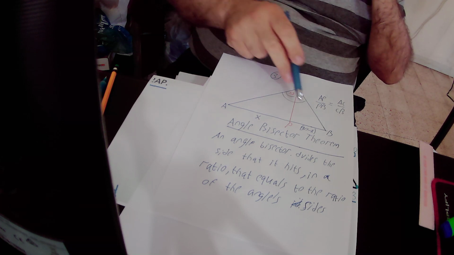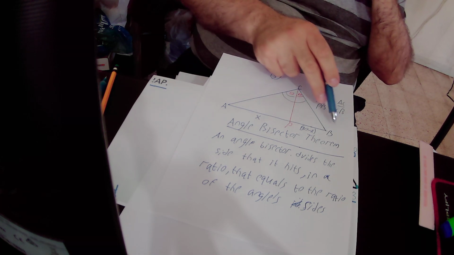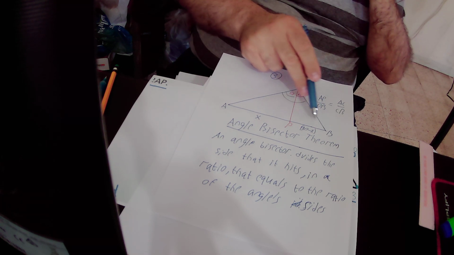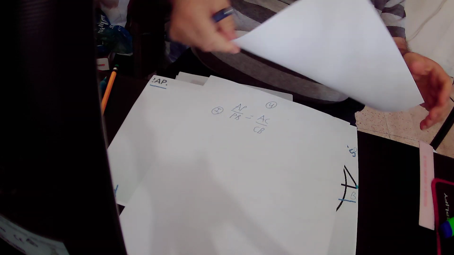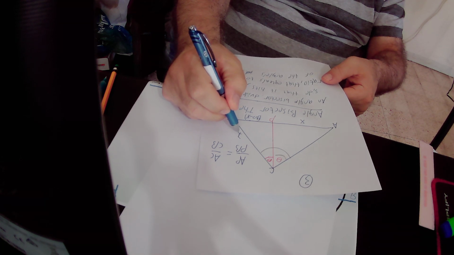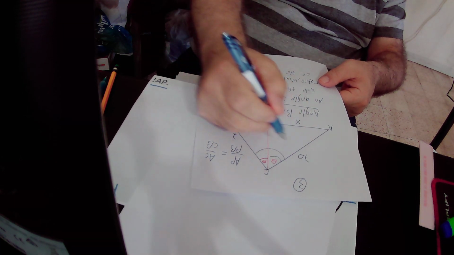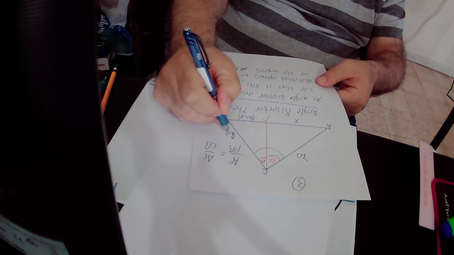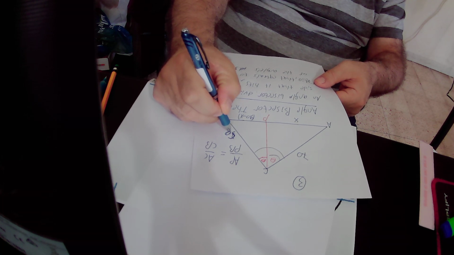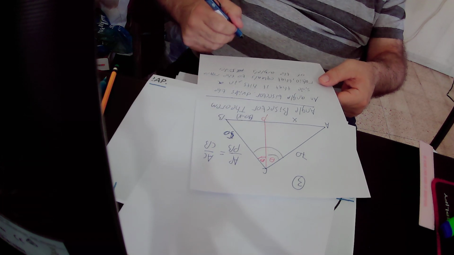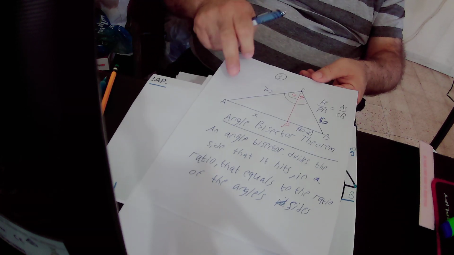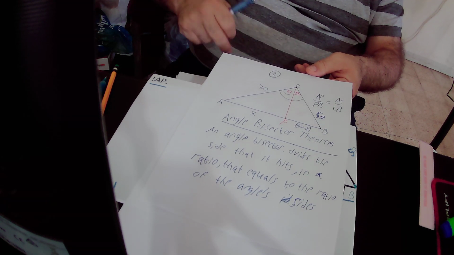So PB equals 90 minus X, and AC equals 70 units and CB equals 50 units, according to the data that we have in the question itself. It is given to us that AC equals 70 units and CB equals 50 units.